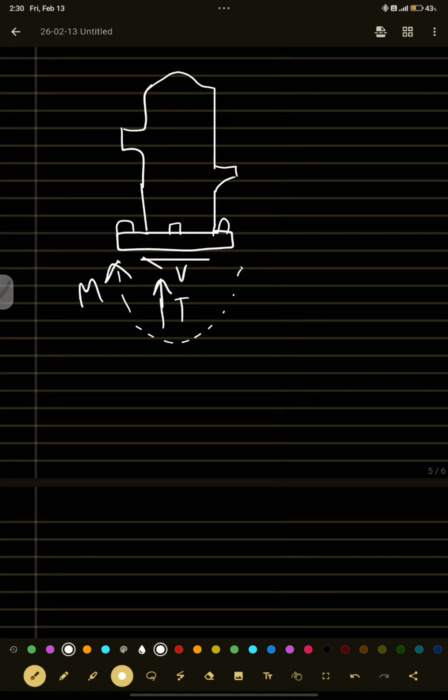And what else? In summation F, what all has come? B has come, T has come, and what else? The weight of the fluid should have come, the weight of the container should also come, but it is static pressure. Very good, that's a very good observation. Where will you have static pressure? At the bottom.